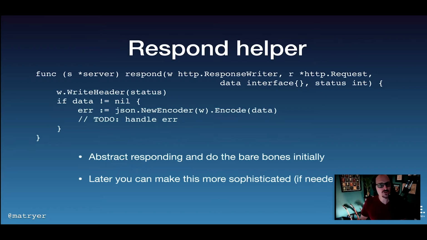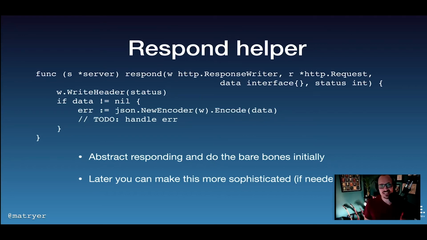I try not to abstract too much these days in code. I used to abstract everything all the time, and then you tie yourself up in some strange meta knots that are weird. So I try now not to do that very much, but in this case it makes sense. So we have this respond method, and it takes in the response writer and the request.